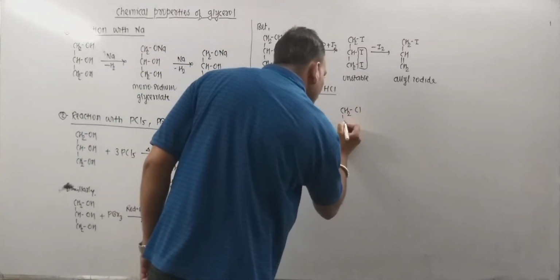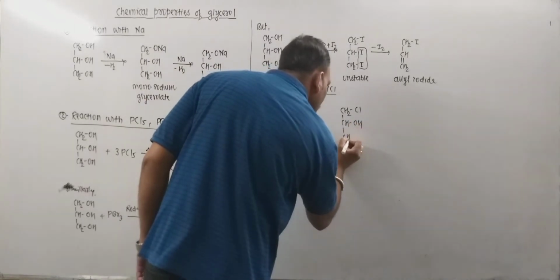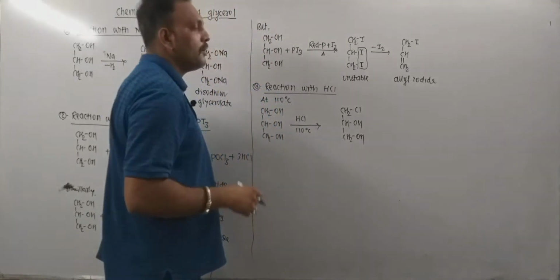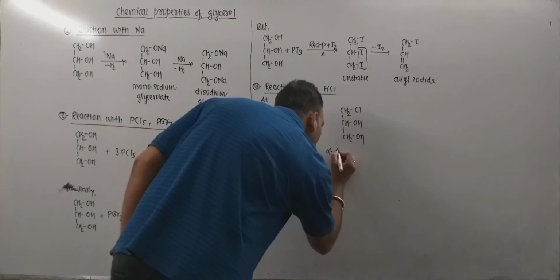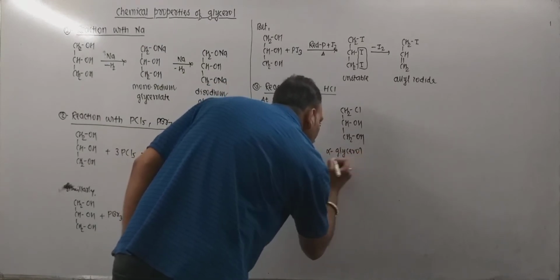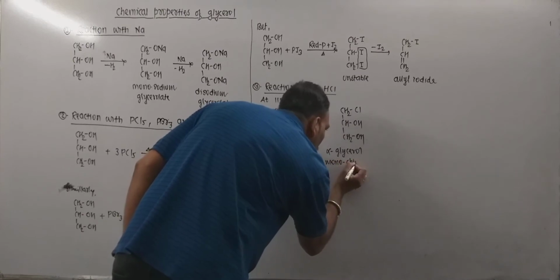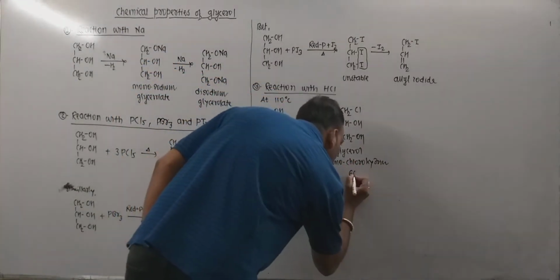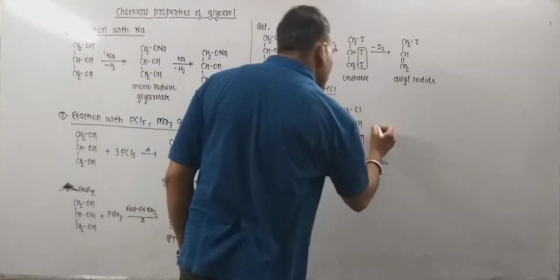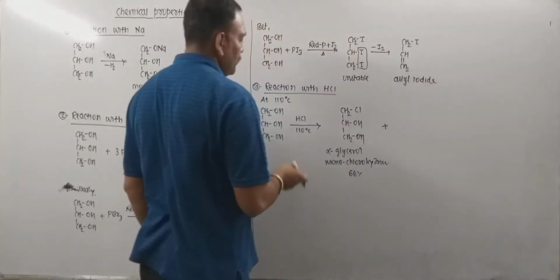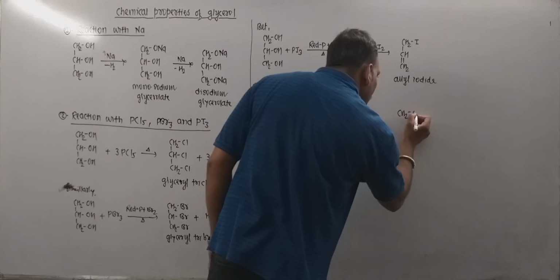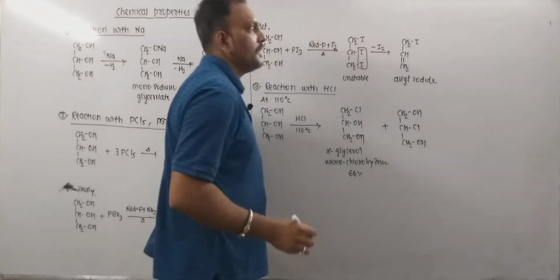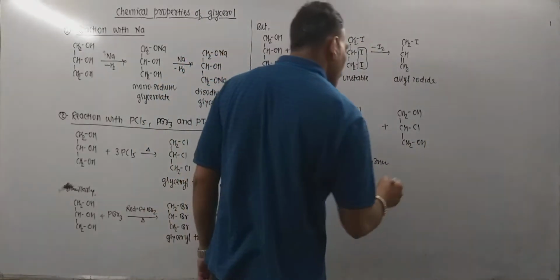So very first thing to be obtained is this, what we called alpha glycerol monochlorohydrine. Remember, this is alpha glycerol monochlorohydrine. And remember, alpha glycerol monochlorohydrine has 66% yield approximately, and along with this, another product obtained is like this, and this is the beta glycerol monochlorohydrine.